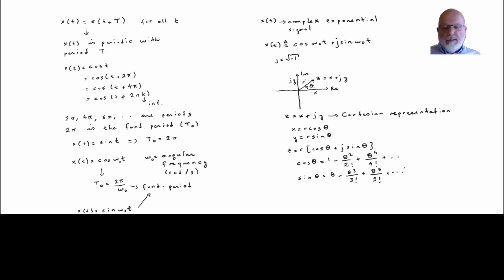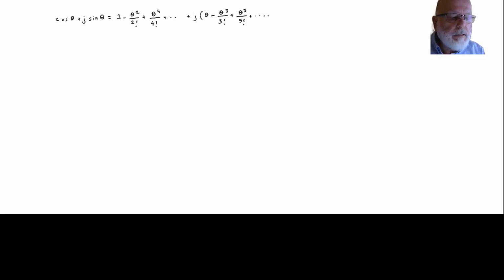Now, what happens if we combine them? Cosine theta plus j sine theta is 1 minus theta squared divided by 2 factorial plus theta to the power 4 divided by 4 factorial and so on, plus j times theta minus theta cubed divided by 3 factorial plus theta to the power 5 divided by 5 factorial and so on.